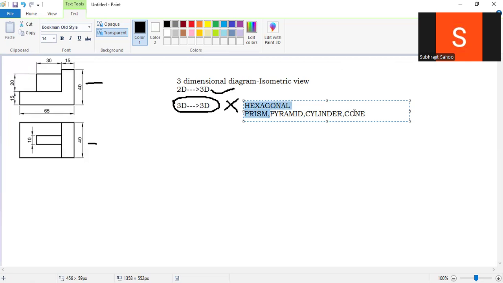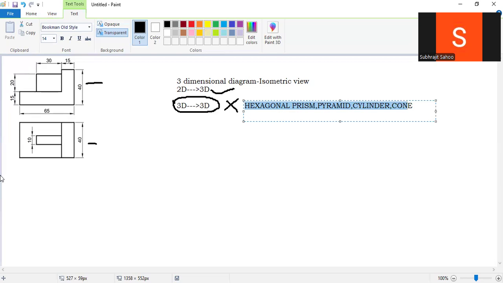Hexagonal prism is a 3D diagram, pyramid is a 3D diagram, cylinder is a 3D diagram, cone also is a 3D diagram. You have to convert this 3D diagram into an isometric view, I mean, you have to again draw the 3D diagram, 3D to 3D. In that case obviously some dimensions, some measurements will be given.